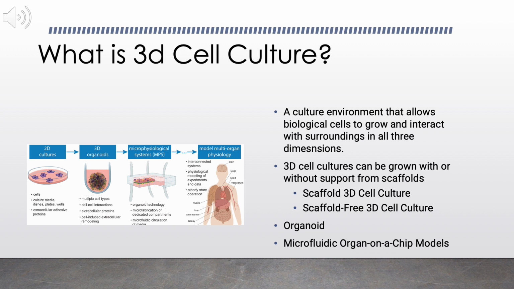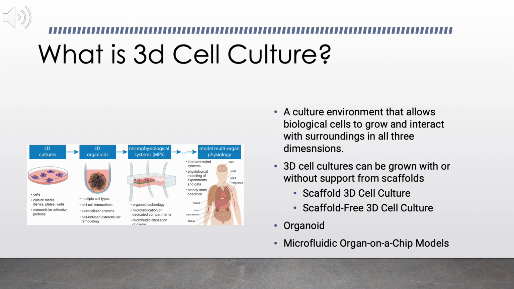Hydrogels can derive from animals or plants or even be synthesized from chemicals, whereas the inert matrices are made up of polystyrene. Now, 3D cultures that can be grown without the presence of support of scaffolds are considered scaffold-free 3D cell culture. Scaffold-free 3D cell cultures are low adhesion plates, micro-pattern surfaces, and hanging drop.